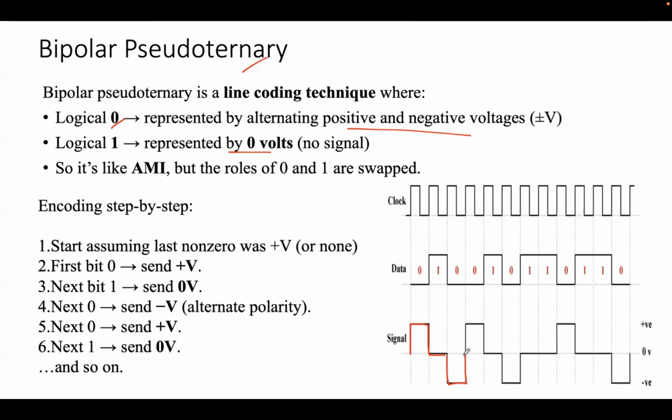For 0 again, alternate 0, so the previous one is negative, so this one should be positive. And when we get 1, it should be 0. When we get 0 again, it should be negative. For 1 again, it remains 0 only. The second one also remains 0, and so on.